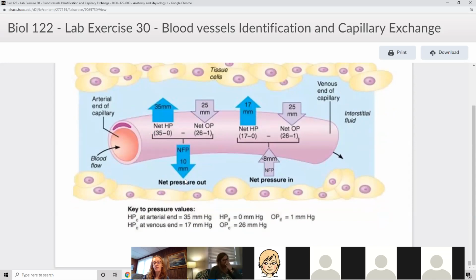If it's positive, it's going to move the fluid out. If it's negative, it's going to bring it back in.